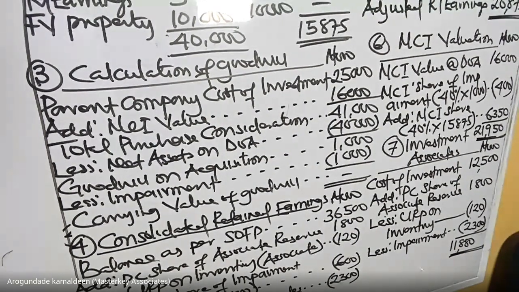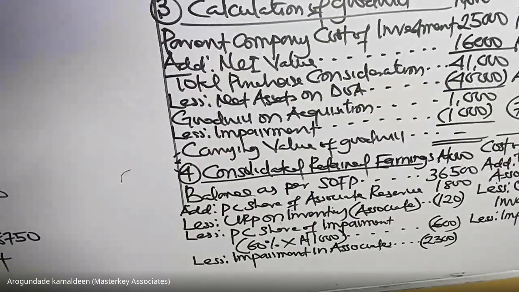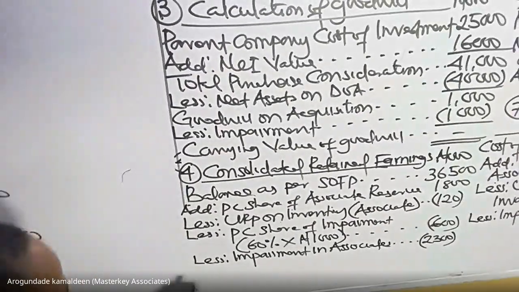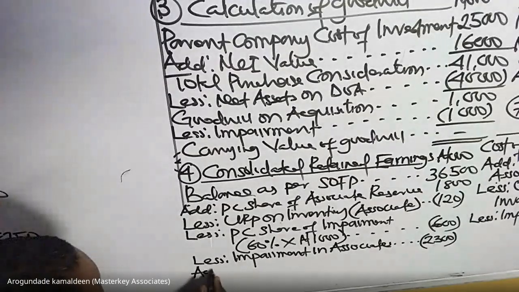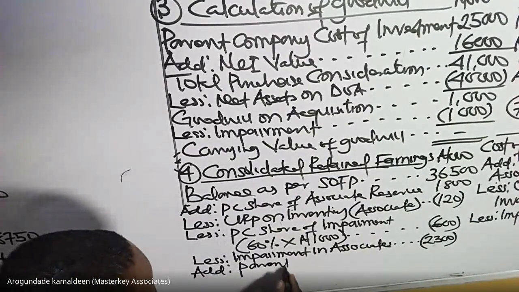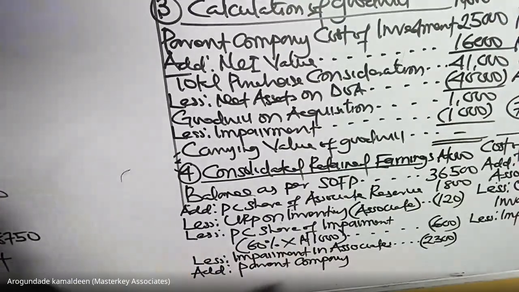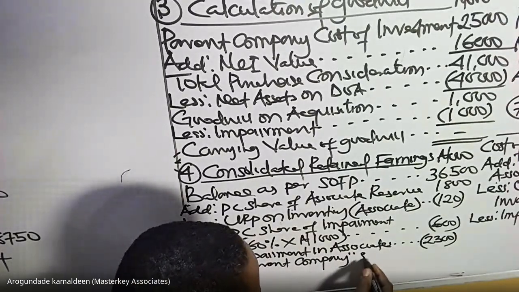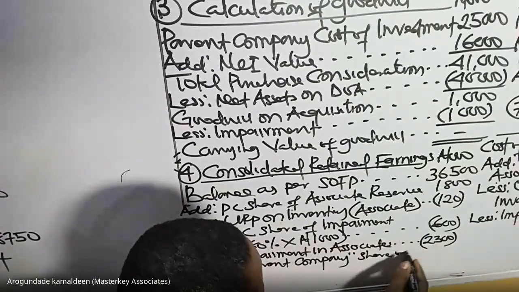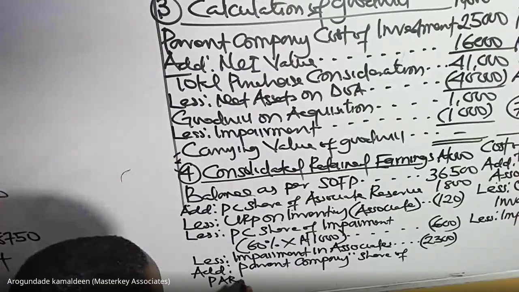So last now, let the boss itself, the parent, take its own share of profit. Add parent company's share of post-acquisition reserves of the subsidiary.